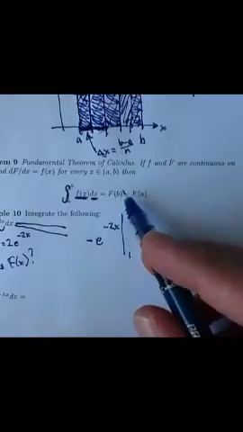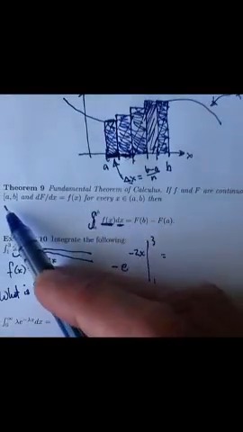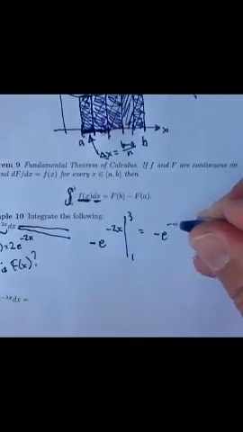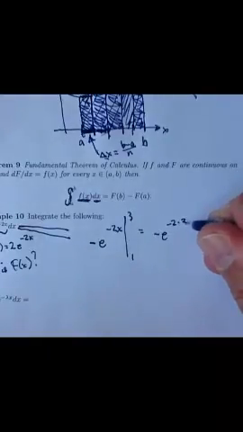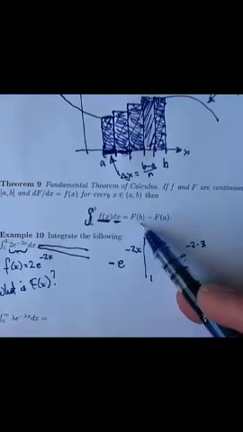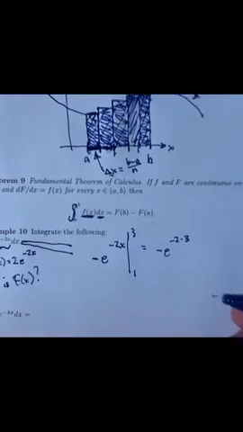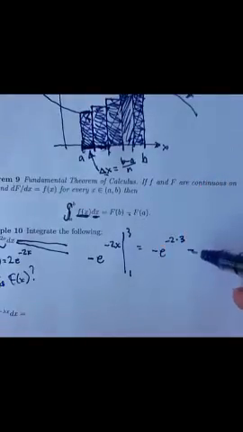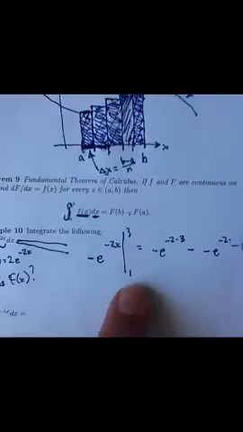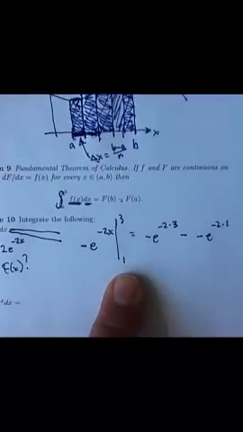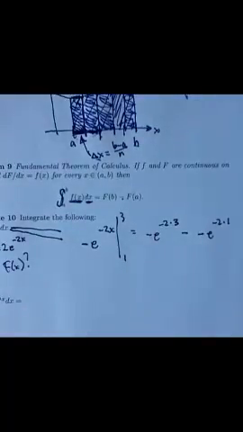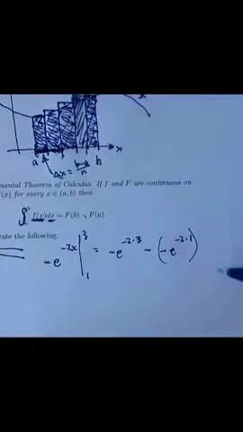Effectively, if you're on a closed interval like this, then this will be negative e to the negative 2 times 3, F of b, this upper limit point, minus this minus sign, negative e to the negative 2 times 1. For practical purposes, I'm just subbing in those limit points. So I should probably put that in parentheses there.